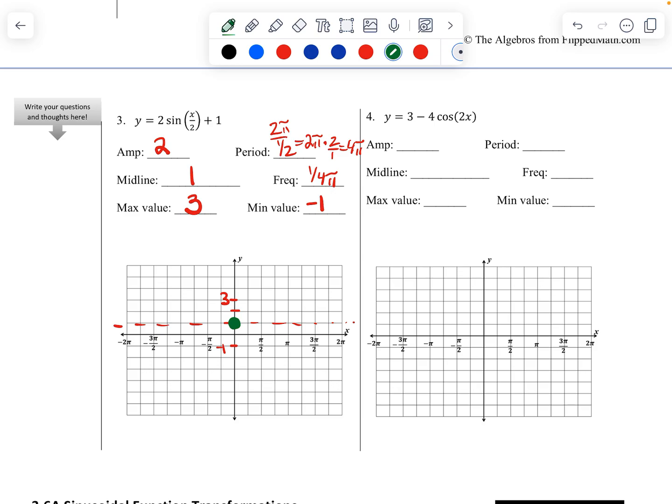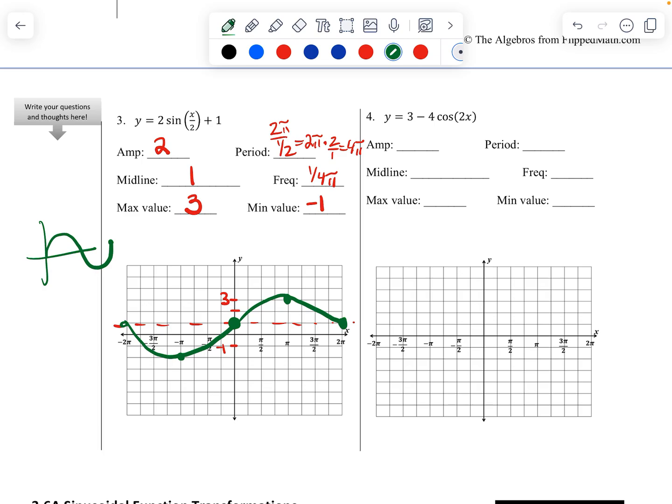So at 2 pi, it's only halfway. And a reminder, our sine, there's our full cycle. So halfway at 2 pi, it would be right back here. At pi, it would be at our high point of 3. And so it's got to go down here and then back to the middle.